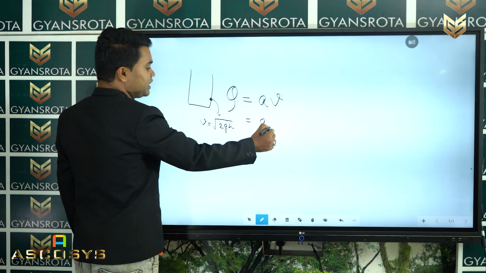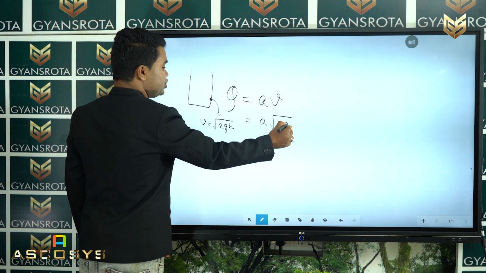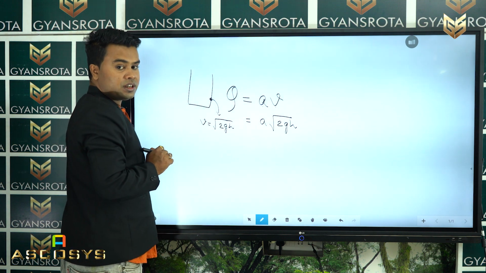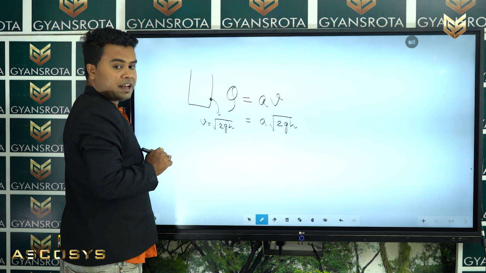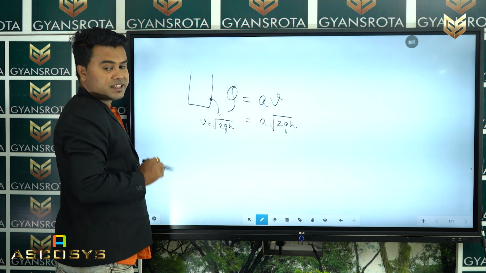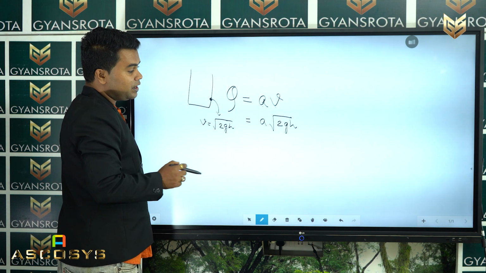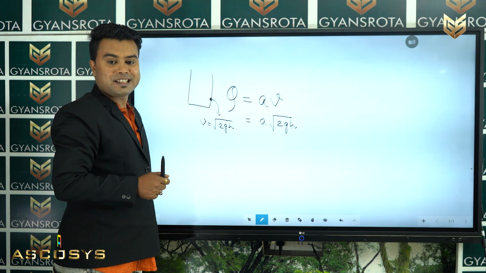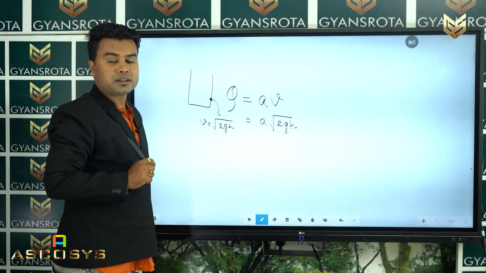So in place of V I will write down root 2gh. A is given to you in the question as 2 mm square, and g is given, that is acceleration due to gravity, 10 meter per second square, and h is also given, that is height 2 meter.